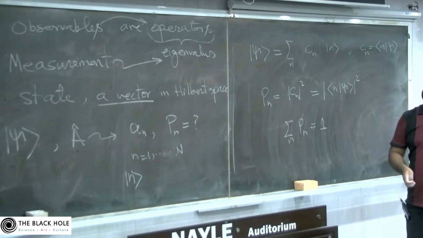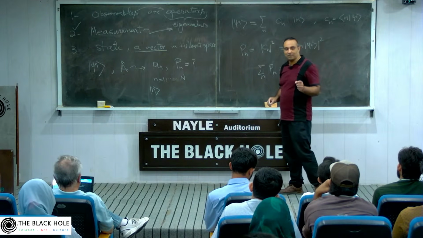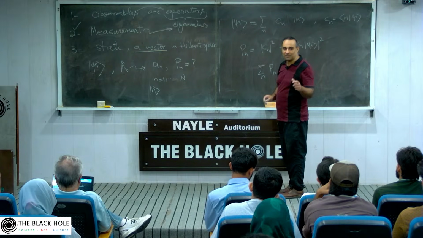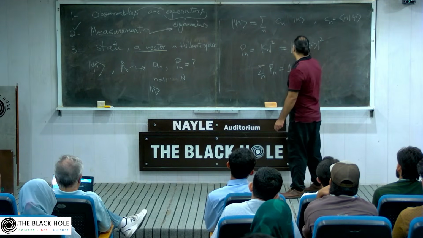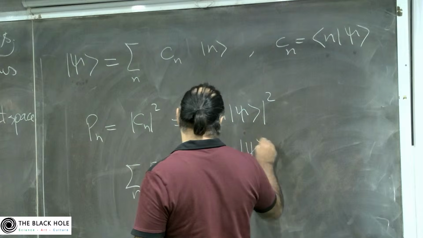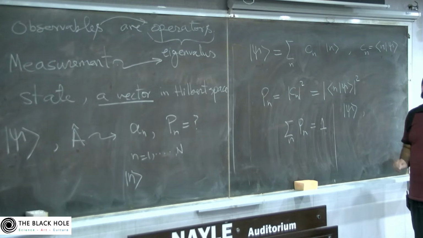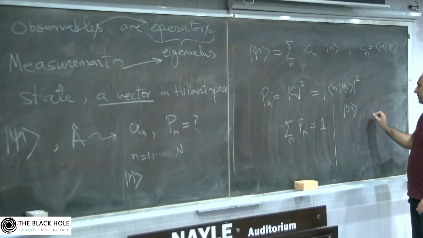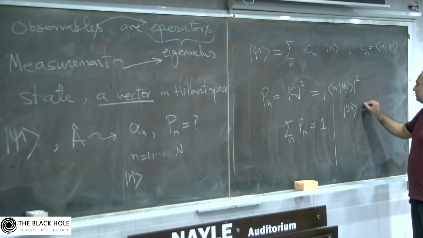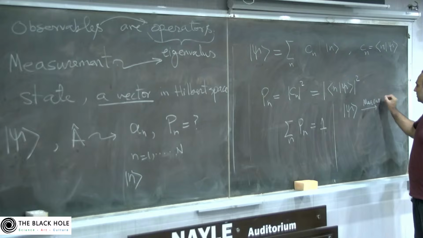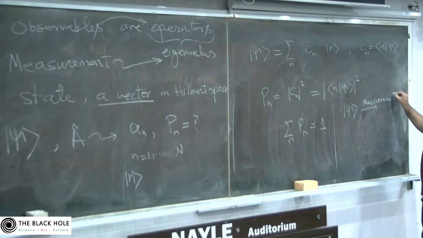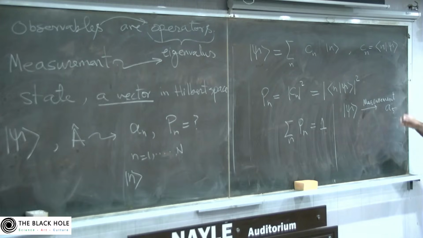Now, suppose you are given that the system is in state psi. You perform a measurement, and suppose you get A5. There are probabilities for different outcomes, but suppose you get A5.